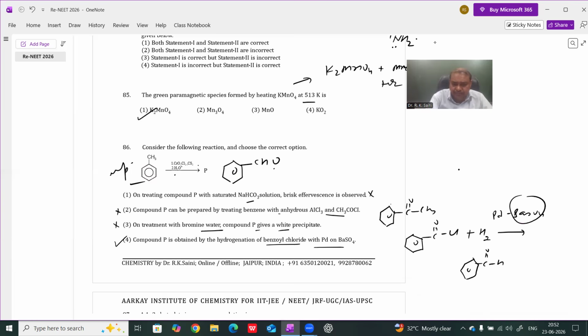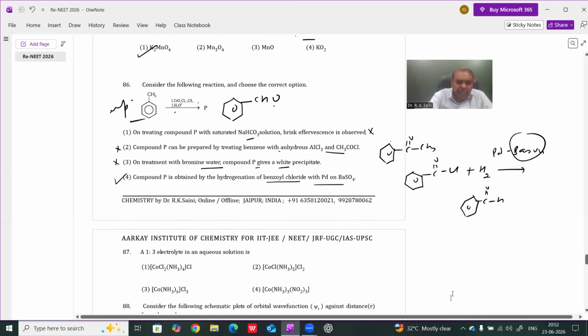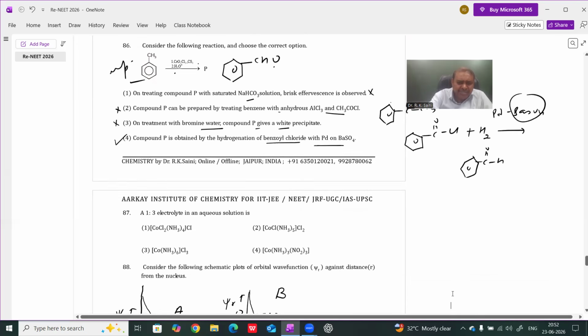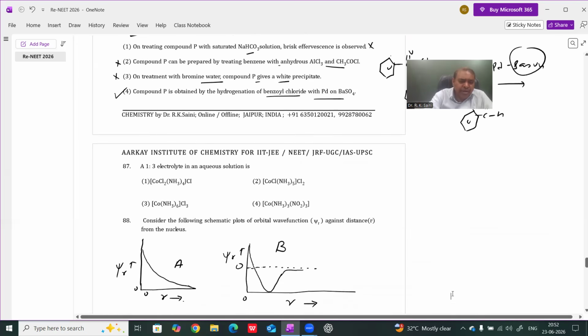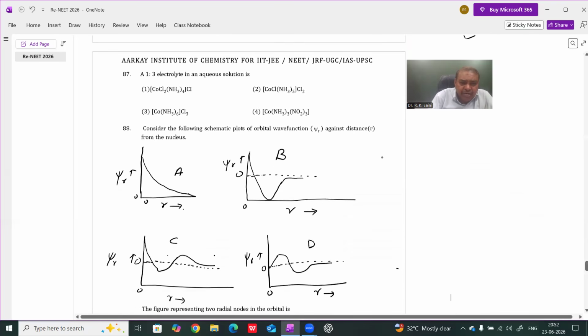Question number next, 86 and 87. 1:3 electrolyte. Many questions come from coordination compounds. 1:3 electrolyte in aqueous solution.